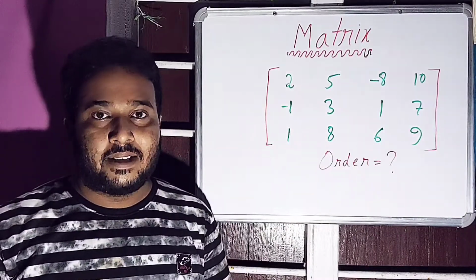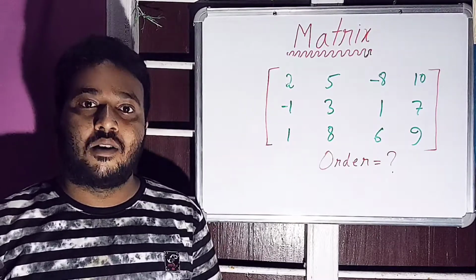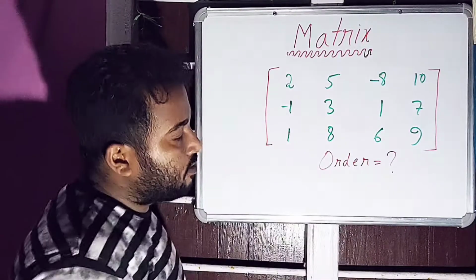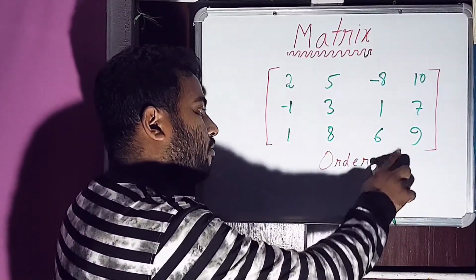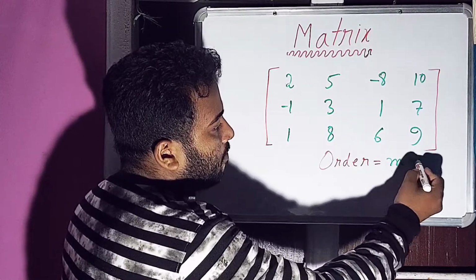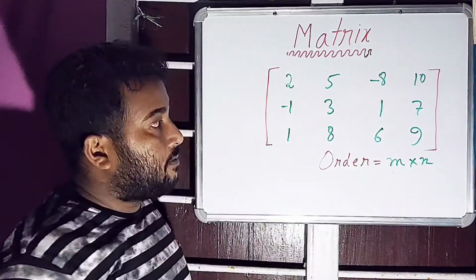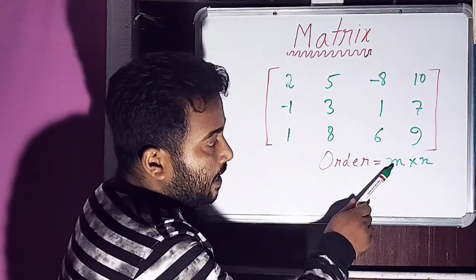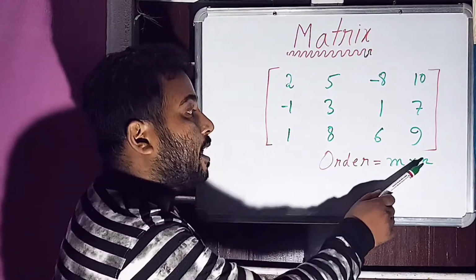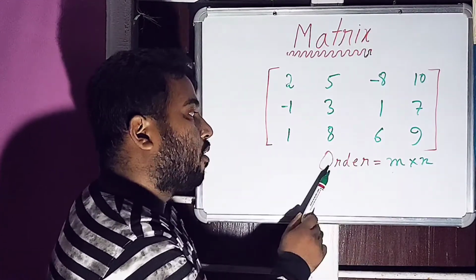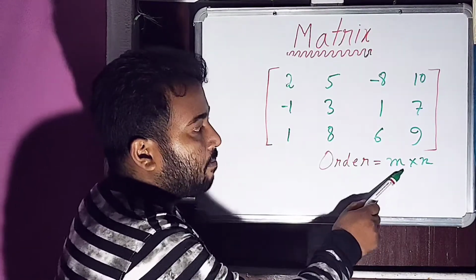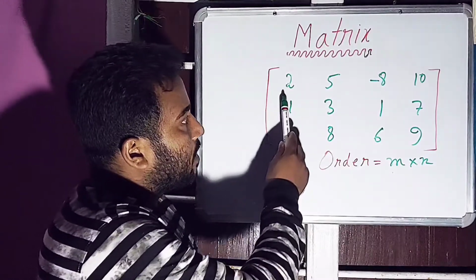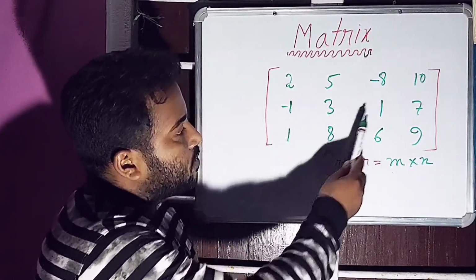Now regarding order of a matrix, if a matrix has m rows and n columns, then the order of the matrix will be equal to m by n. So if a matrix has m number of rows and n number of columns, then the order of the matrix will be m by n. So here the number of rows of the matrix is 1, 2, 3.